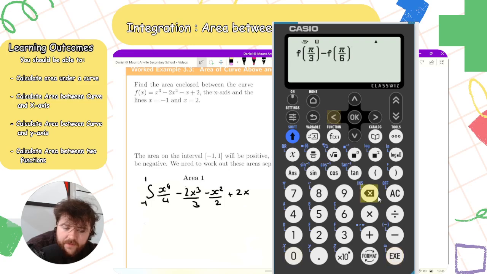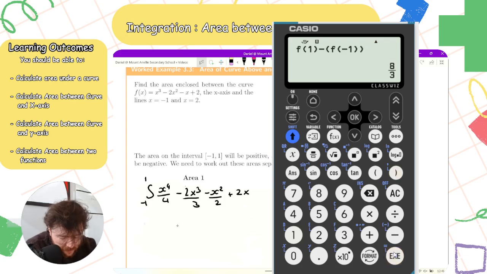Now I'm evaluating this between 1 and minus 1, so f of 1 minus f of minus 1. That is going to be equal to 8/3.